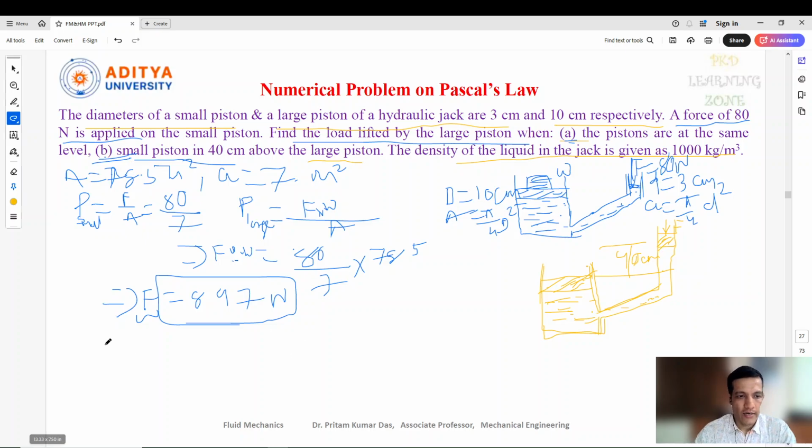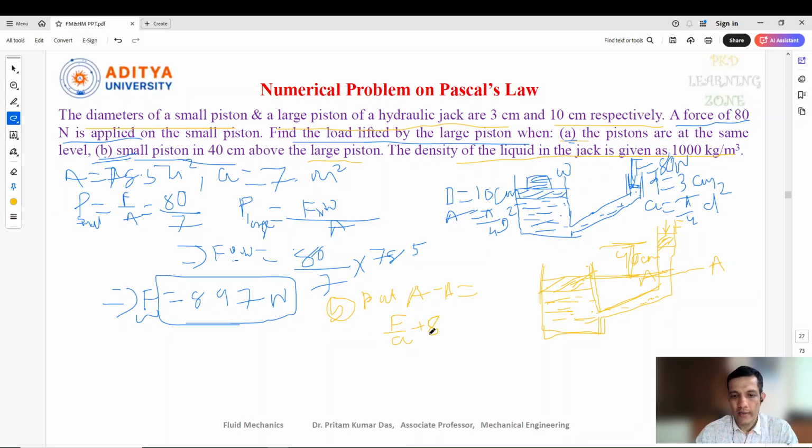So for this condition B, let's consider a section here, that is AA. We can write the pressure intensity at section AA equal to the pressure already there at the same level, that is F by A, plus the pressure intensity due to this increment of height, 40 centimeter.